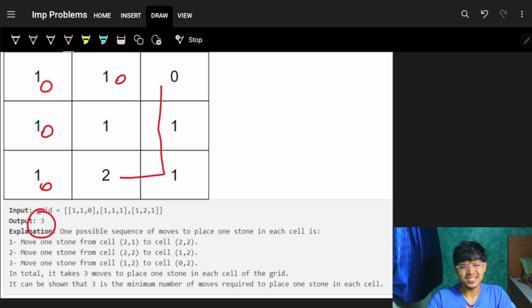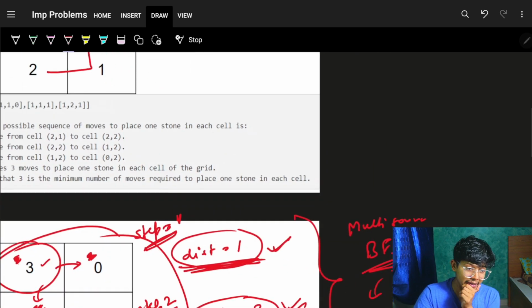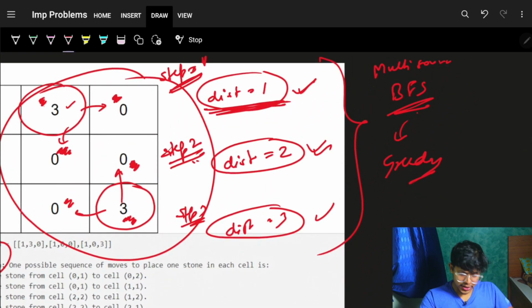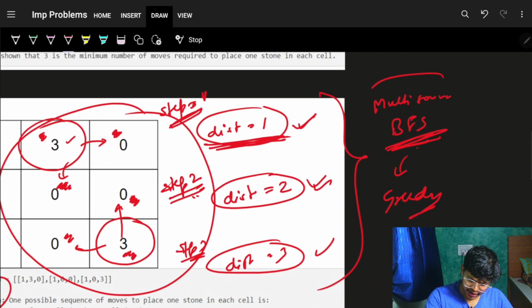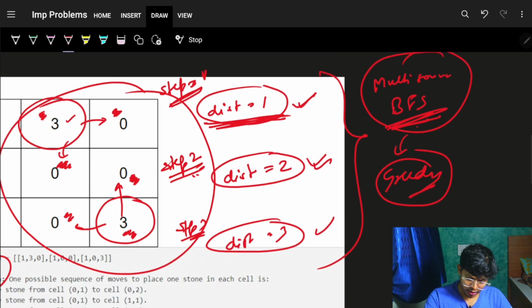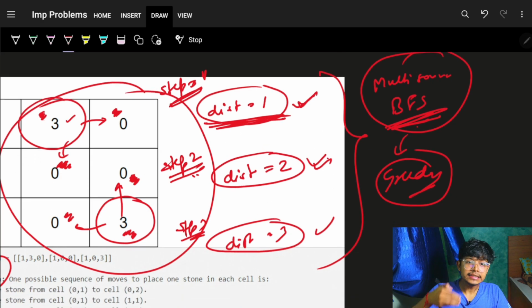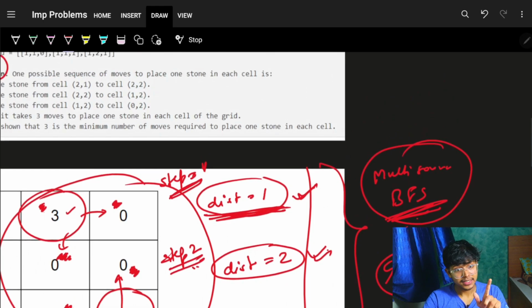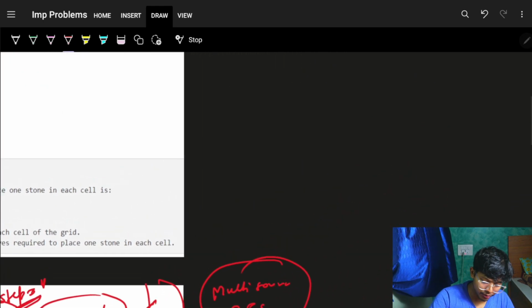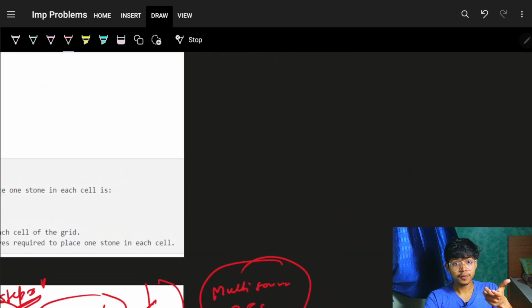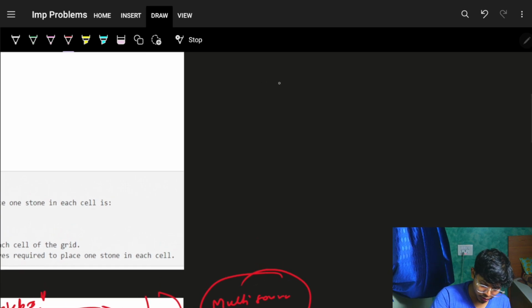So it's just a simple one stone. But now we saw that it's a simple multi-source BFS, and for sure it's a greedy because I'm going on in increasing distance order. But the main part is whether it is possible or not. For that, let's find out.